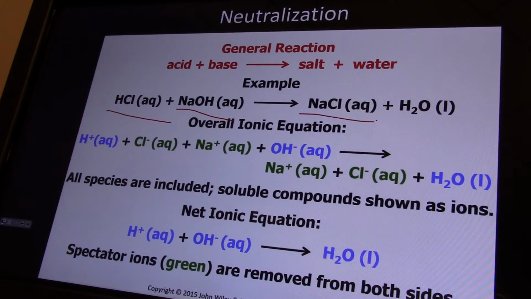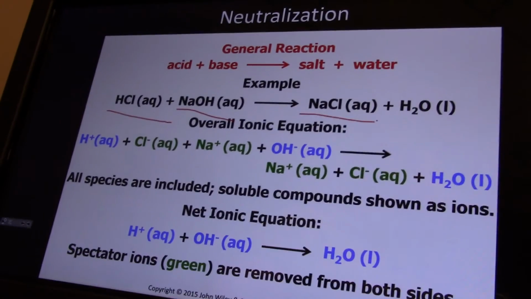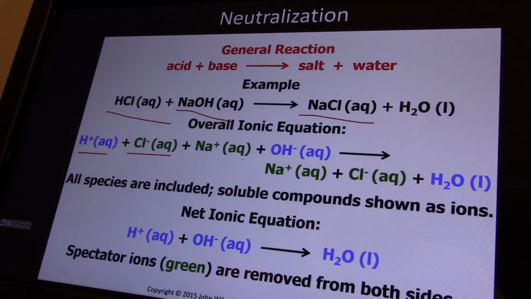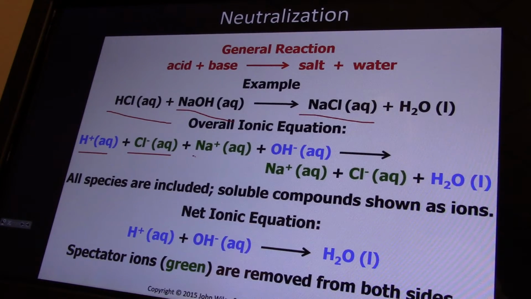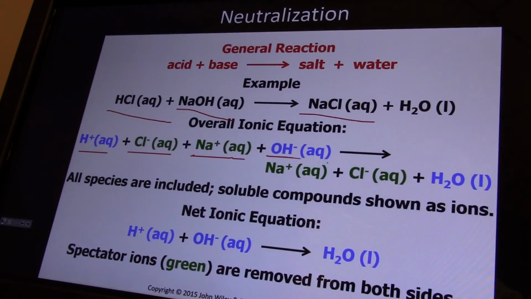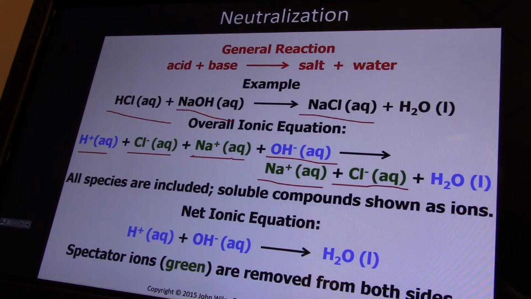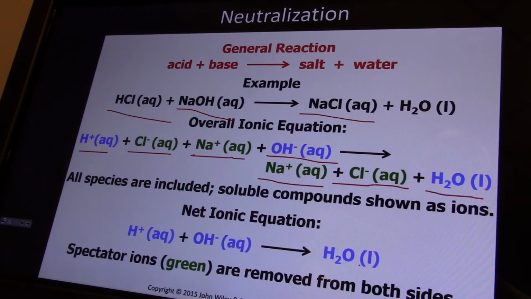But the strong acids, the strong bases, and the soluble salts will be broken apart into their ions. And so HCl aqueous becomes H+ and Cl- aqueous. Sodium hydroxide aqueous becomes Na+ and OH- aqueous. Then that forms Na+ and Cl- aqueous, and then water.